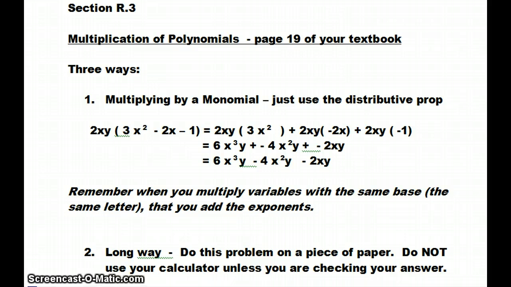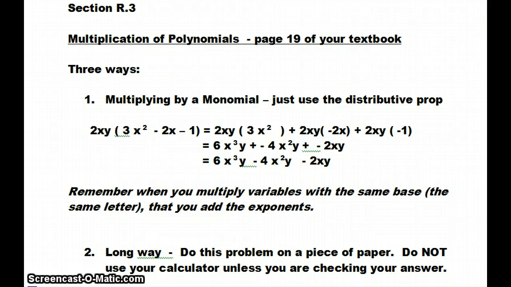So if we go back to the distributive property, that means that whatever we have out in front gets multiplied by each of the terms that are inside. If we look at our first example, we have 2xy, and then we have a parentheses, and we have three terms inside that parentheses.